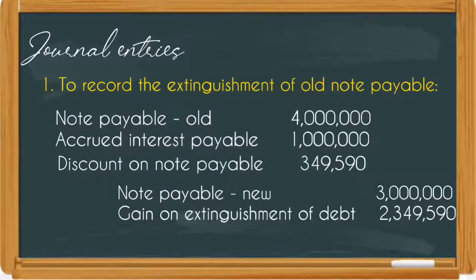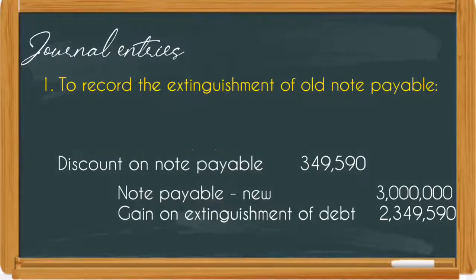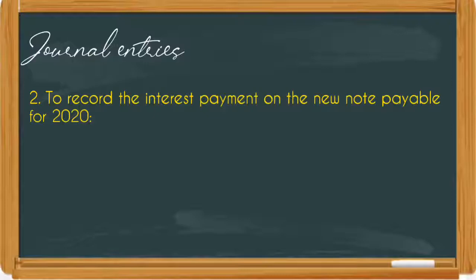And we credit the new note payable of 3 million, which is the face amount, and the gain on extinguishment of debt of 2,349,590.